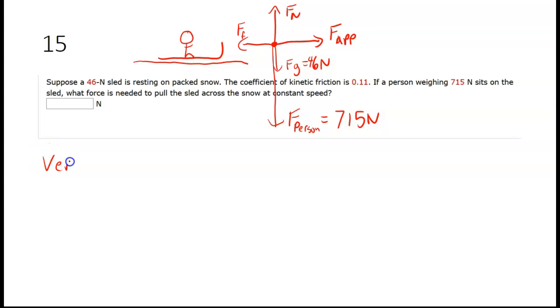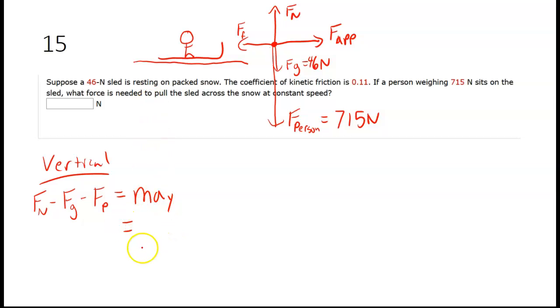When I break this up in the vertical, I do not need to pay attention to the applied force or the frictional force. I just have the normal force minus the force of gravity for the sled, also minus the force of the person, equal to mass times acceleration in the vertical.